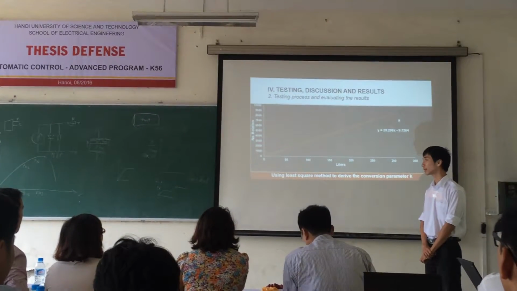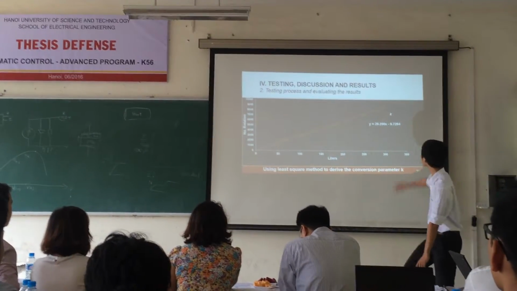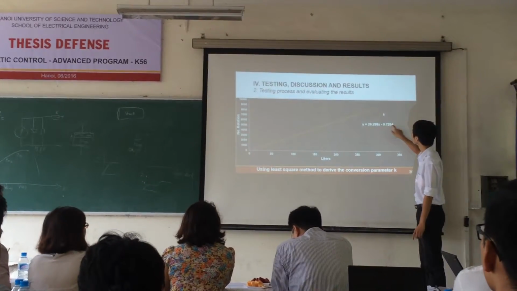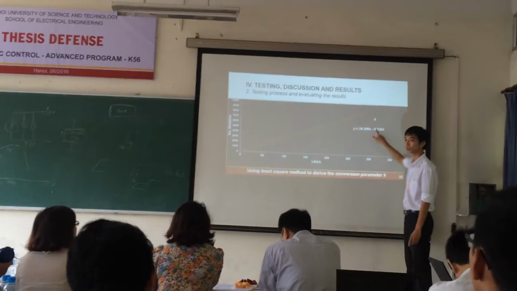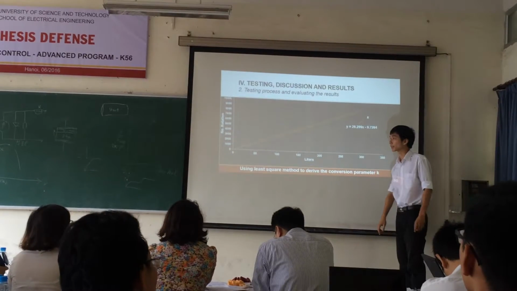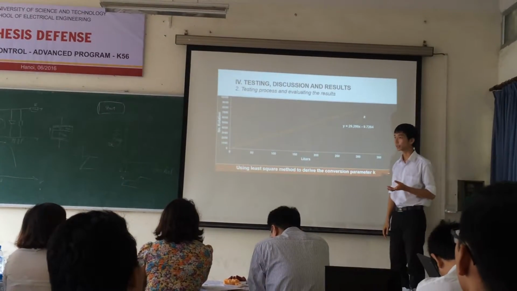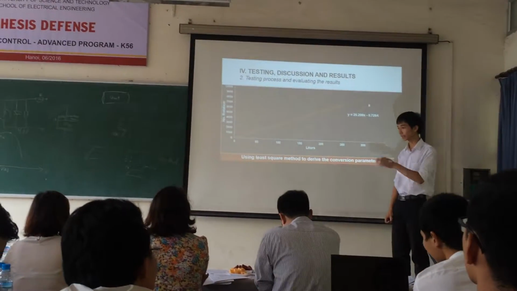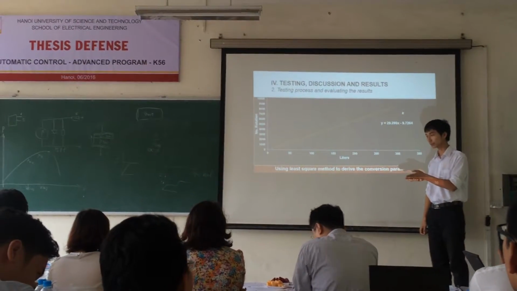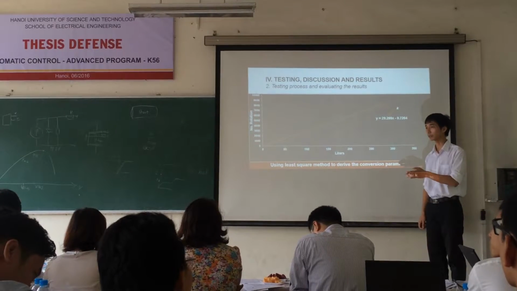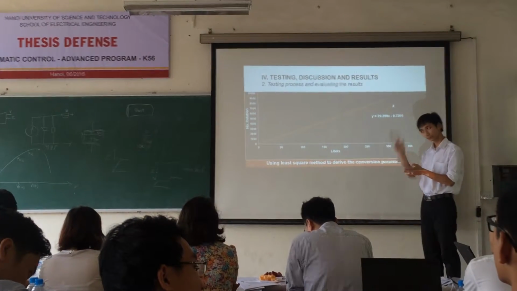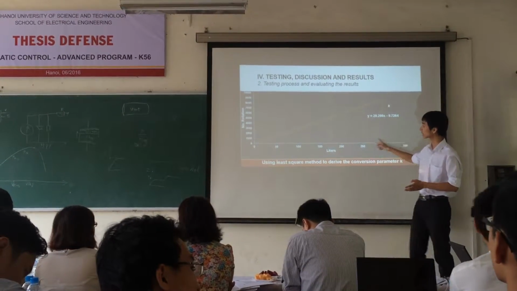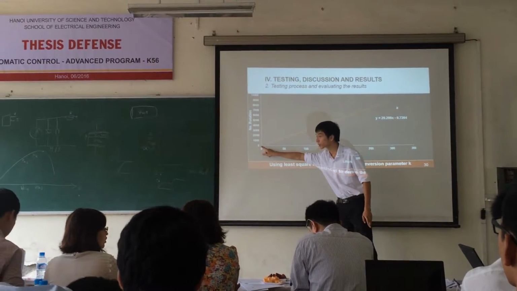Because at the beginning, you can see this number is the error, because during the test I started the test method when I saw the line of the standard method go through the exact point. So that number does not go through 0, 0.